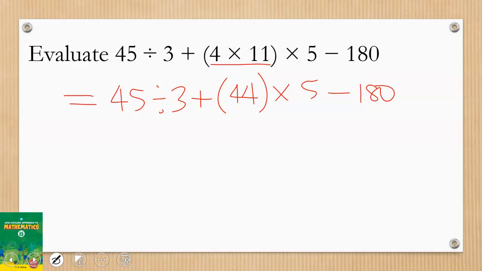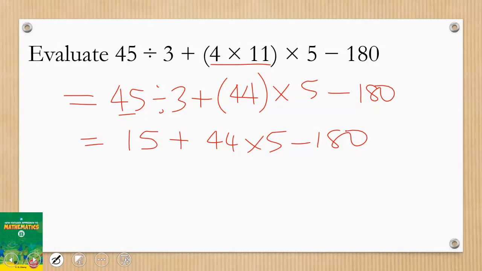Then according to the rule, if there is exponent, but here there's no exponent, there's no order, there's no square root. So the next thing is to do division. Here we can say 45 divided by 3, we know that is going to give us 15. Then plus the 44 times 5 minus 180. Now we are done with the division.